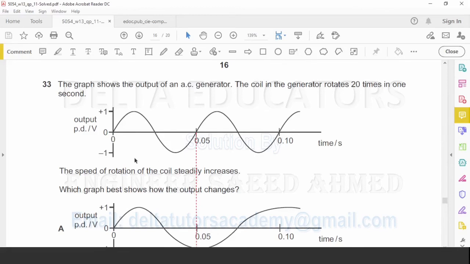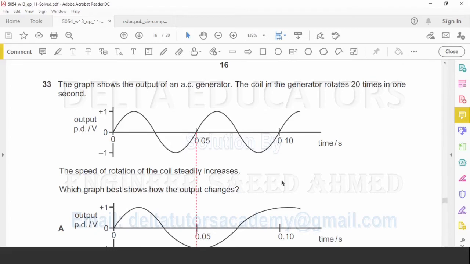First thing, the voltage, the potential difference will be increased, and the second thing, frequency will be increased. So with the increase in speed, this potential difference will be increased and also the frequency of the wave will be increased. An increase in frequency means decrease in wavelength, because frequency and wavelength are reciprocal to each other.